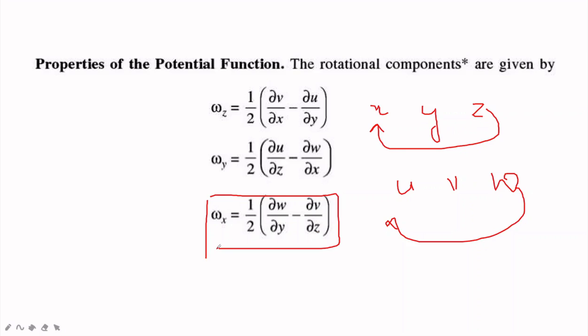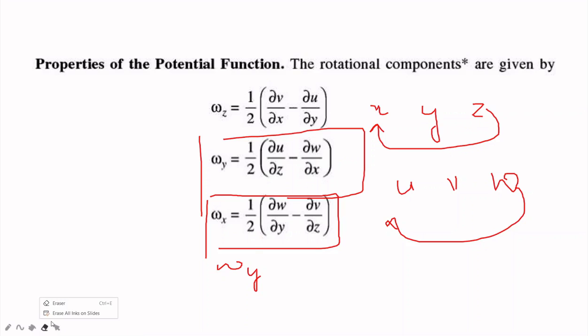If you remember one, you can write the others. If you remember omega y, just put v where there is u, x where there is z, u where there is w, and y where there is x. You can write all three terms of omega x, omega y, omega z. So these are the properties of the potential function for rotational components.